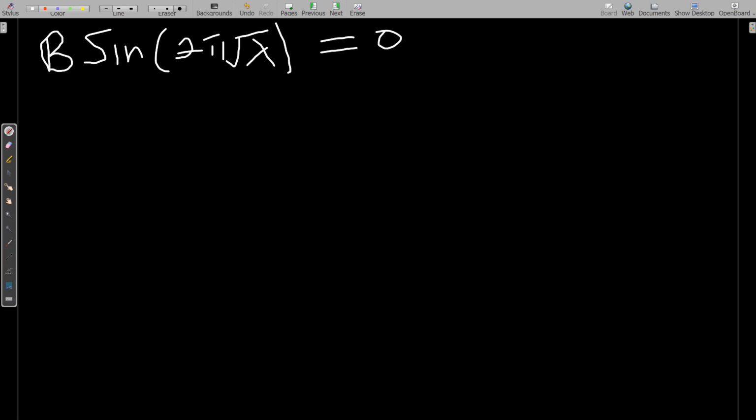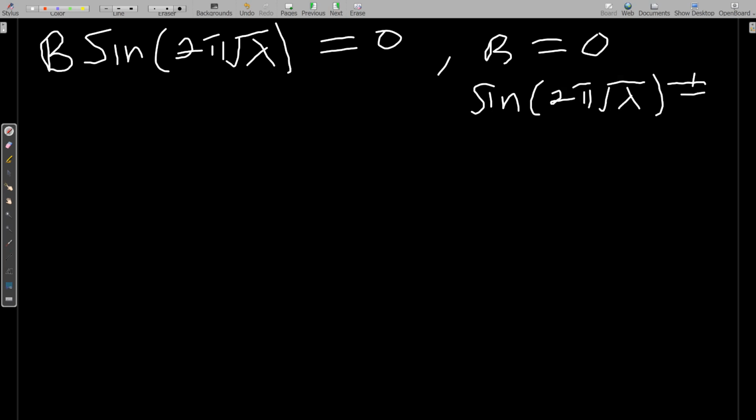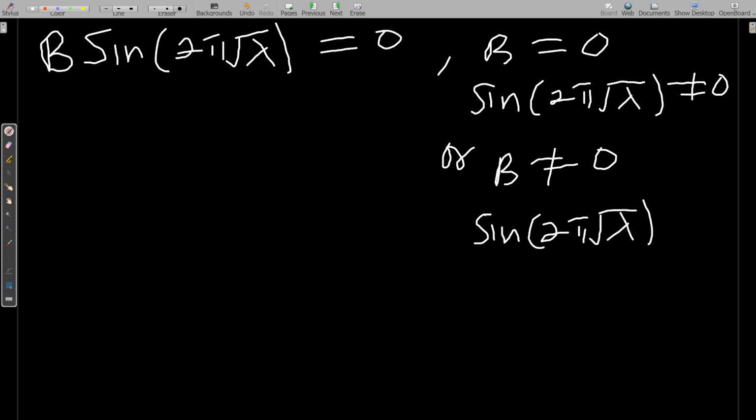This means either b is equal to 0, or sine of 2 pi square root of lambda is equal to 0, or both of them are 0.